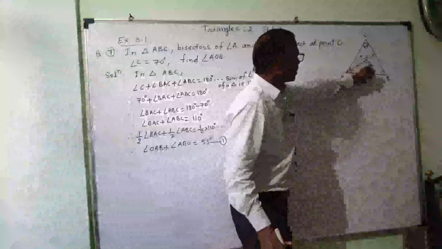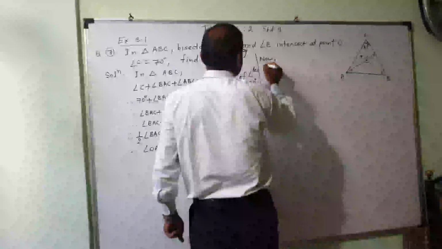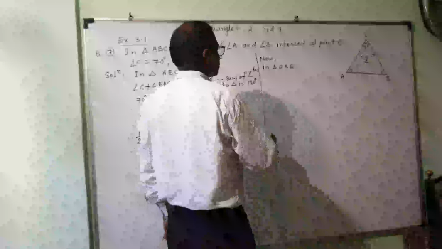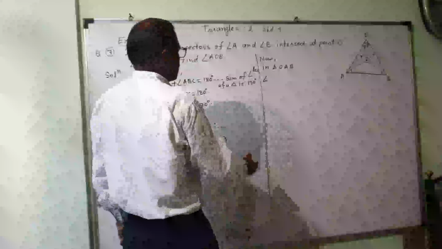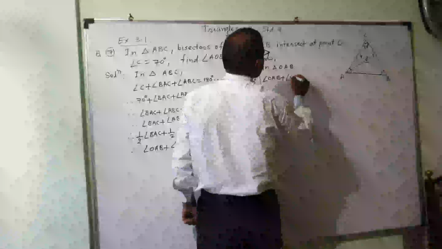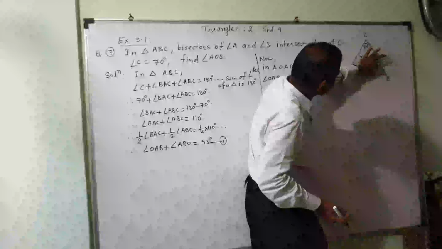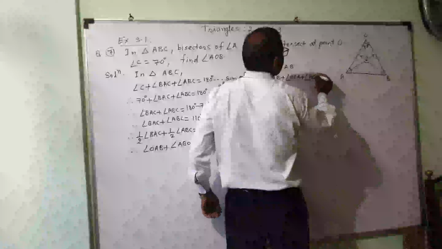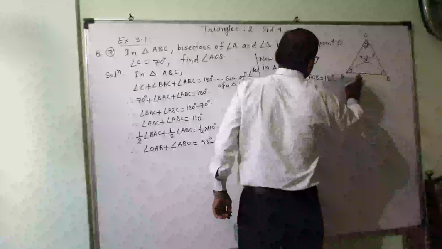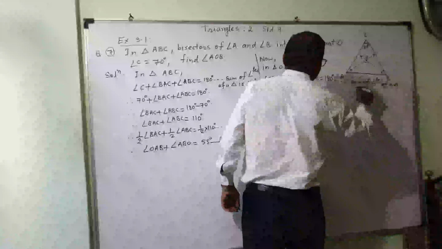Now in this smaller triangle, in triangle OAB, angle OAB plus angle OBA plus this angle, that is AOB, is equal to 180 degrees. And the reason, you know, sum of angles of a triangle is 180 degrees.